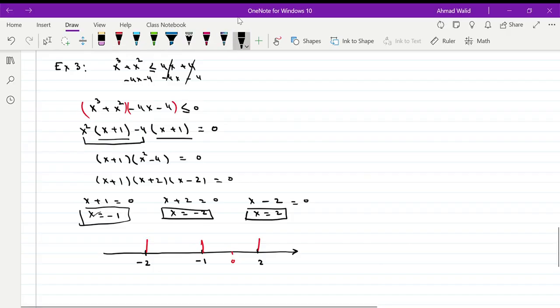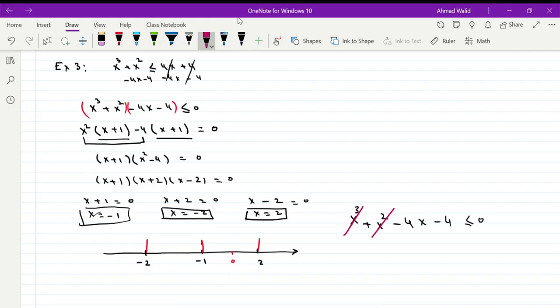What was the one that I changed? This one. You have x cubed plus x squared minus 4x minus 4 less than or equal to 0. If you plug in 0, this part becomes 0, this part becomes 0, this part becomes 0. Easy, even I don't need to plug, right?